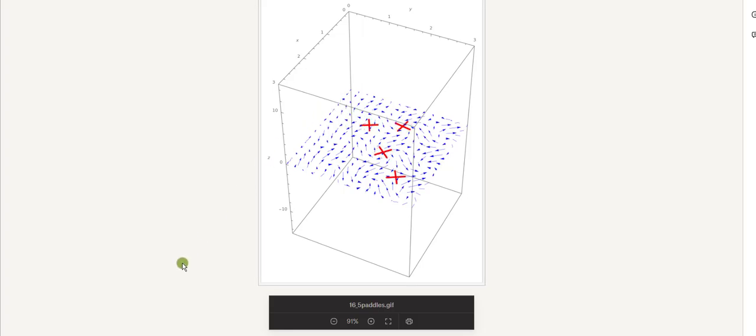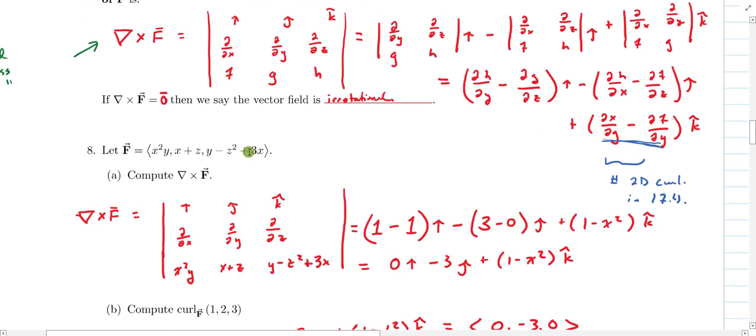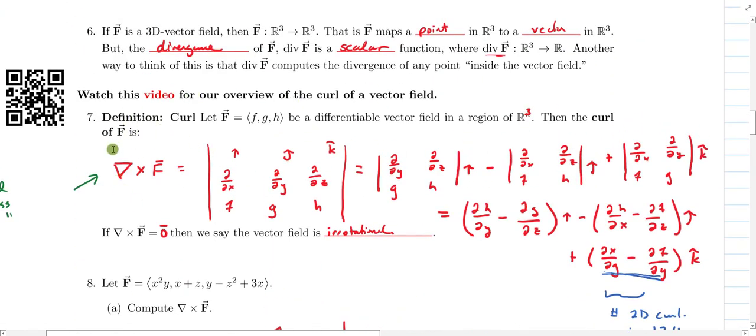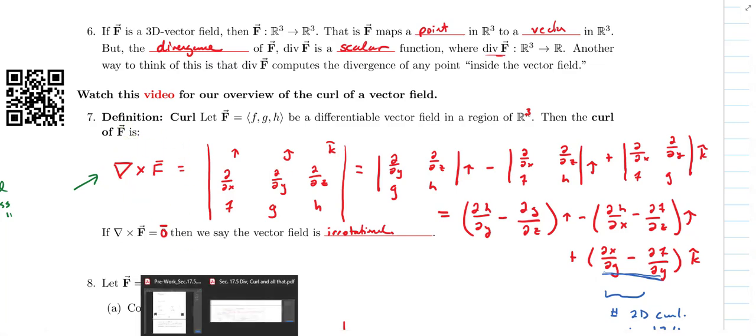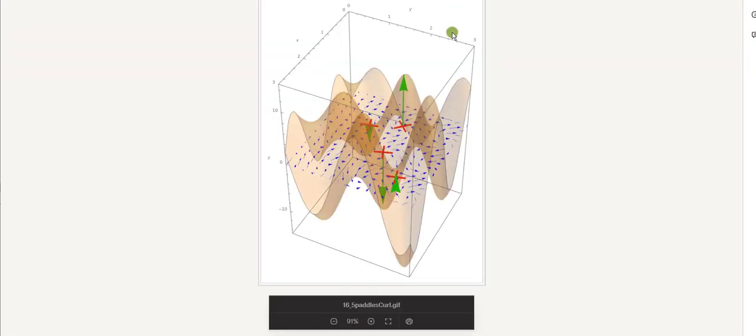So if we go ahead and actually compute the curl the way we just showed in these examples up here, if we actually go ahead and compute the curl, which is itself a new vector field, let's see how that works. So if you click on the second GIF, we should have this image here, and you can see it's the same original view of the curl that we had when we studied Green's theorem, but now you can actually see that we've got vectors drawn here.